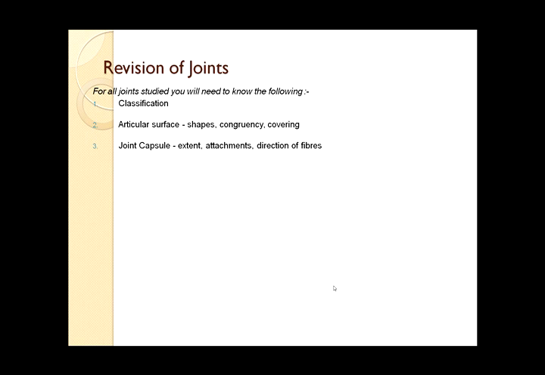You will need to describe the joint capsule, its attachments in detail, the extent of the capsule, and most importantly, the direction of fibres, as this will affect how a joint moves. You will need to describe the synovial membrane.